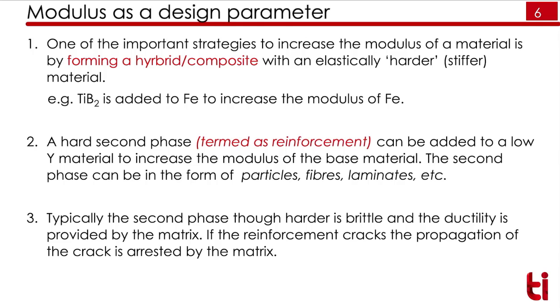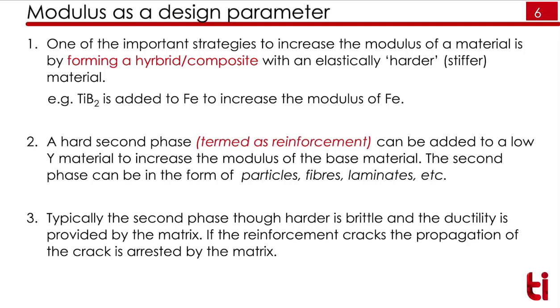Now, if we have a composite, can we use the properties of different materials? Suppose I have a metal which has moderate Young's modulus but is ductile in nature, and I can use a ceramic which has high Young's modulus. If I mix these two, I will get a composite, and we can use the Young's modulus of these different materials for our purpose.